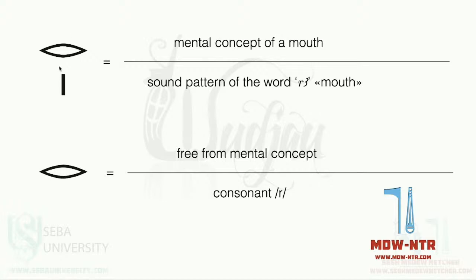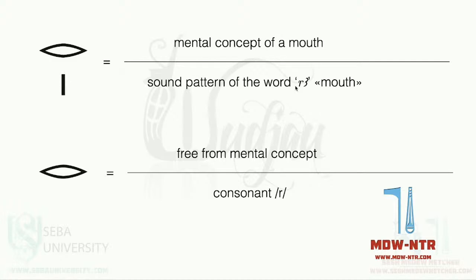It's the word for mouth, the word ra. So this Egyptian sign, the concept side is a mouth. And the pattern is, when it's written, it looks like this. And when it's pronounced, we pronounce it today as ra, meaning mouth.